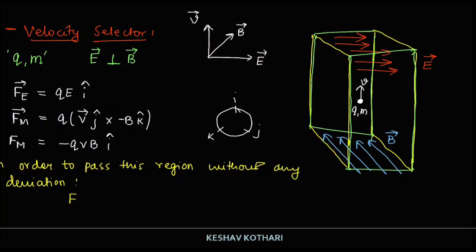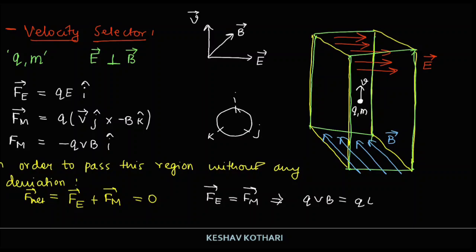If net force is 0, then Fe plus Fm, which is equal to F net, must be 0, and from here we can say that the value of electrostatic force must be equal to the magnetic force. So qVB is equal to qE, and the value of velocity V is equal to E by B.